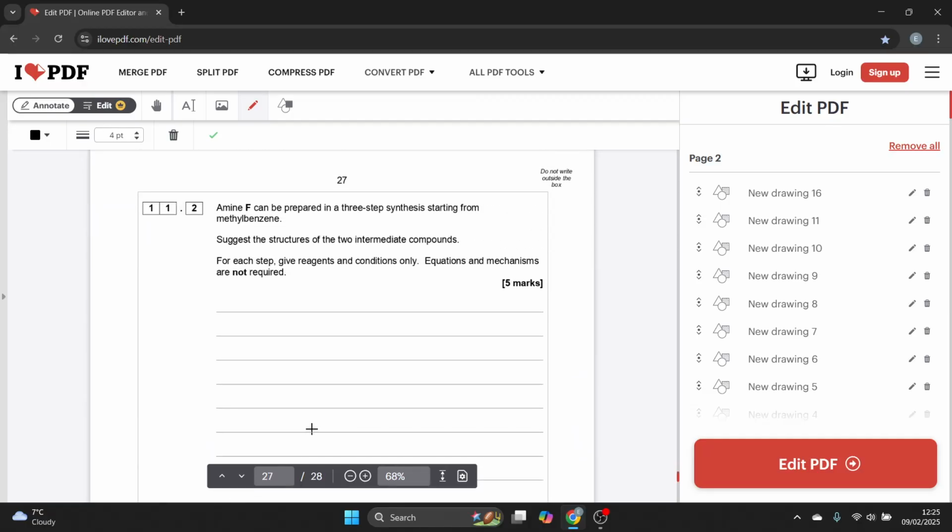Then it says amine F can be prepared in a 3-step synthesis starting from methylbenzene. Okay, methylbenzene.